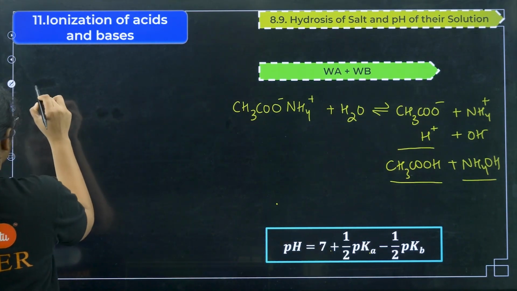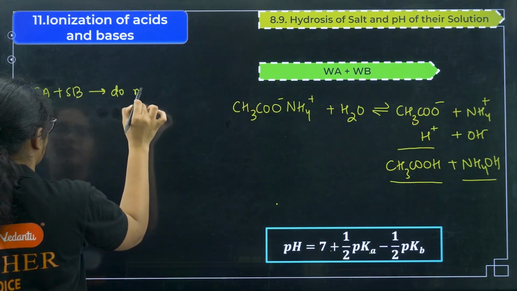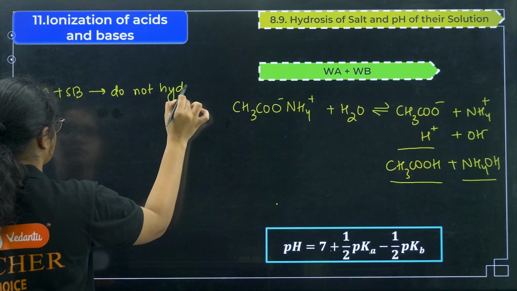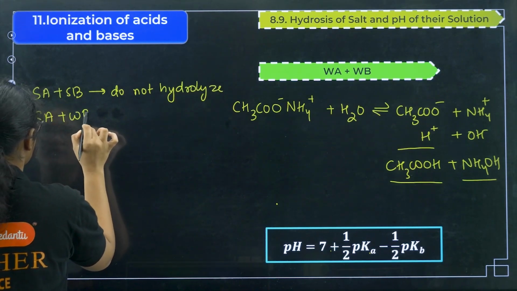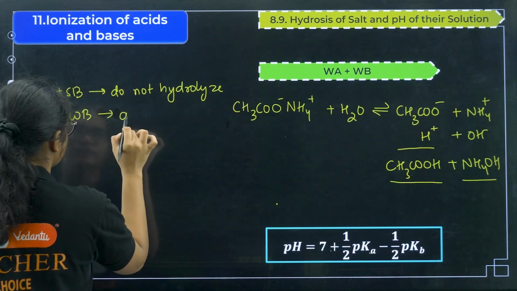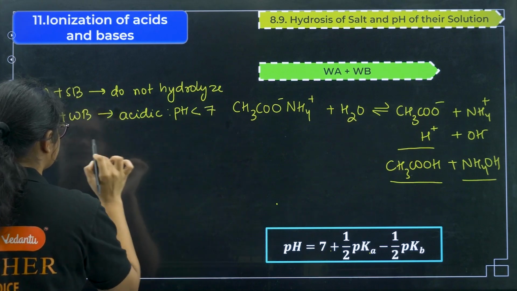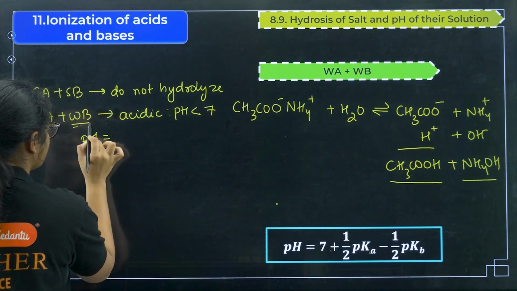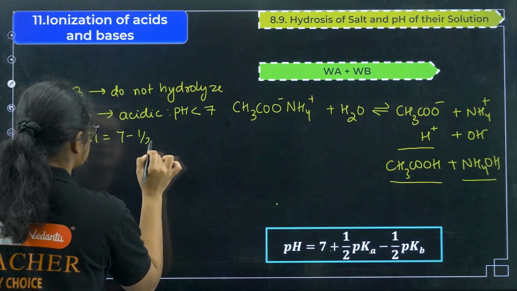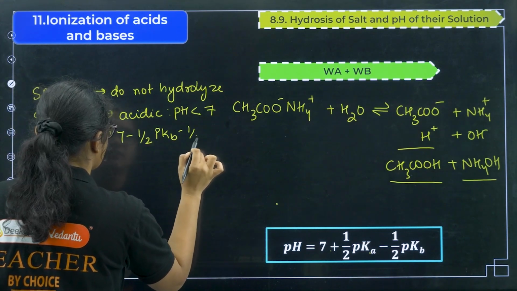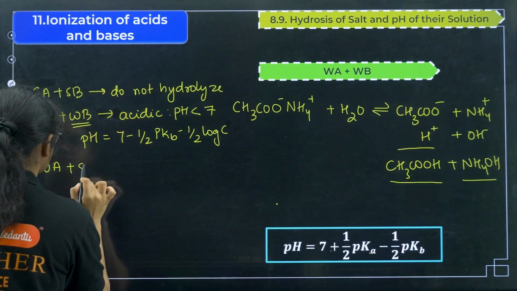Let us summarize first of all. Strong acid and strong base, what will happen? They do not hydrolyze. Next, strong acid and weak base. Remember, strong acid means the solution will be acidic in nature and pH will be less than 7. Now here it is a weak base, so Kb will be used, and with Kb it is always minus. So 7 minus half pKb minus half log C. Next we have weak acid plus strong base.